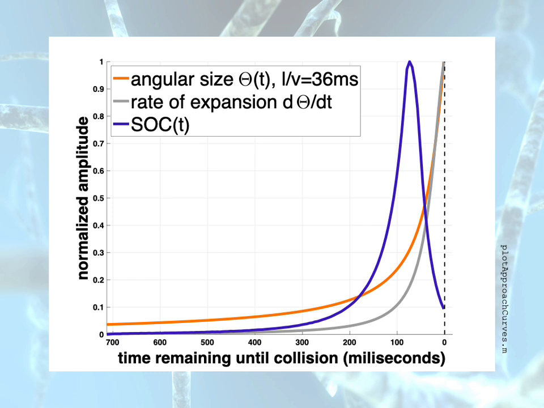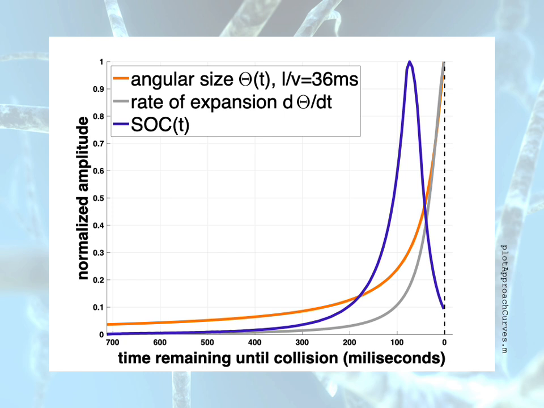Each of these curves has a different meaning. On the x-axis, we have the time that remains until the collision occurs. At the left side of the x-axis is when the approach starts, and the right side is when we get hit by the object, which is indicated by a vertical broken line.